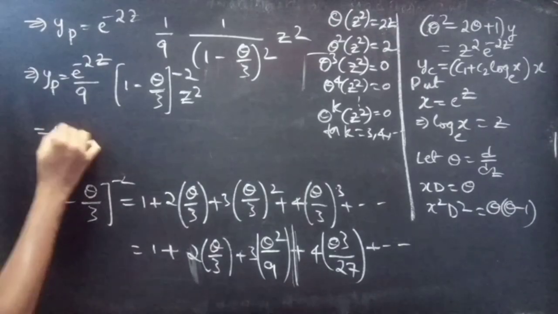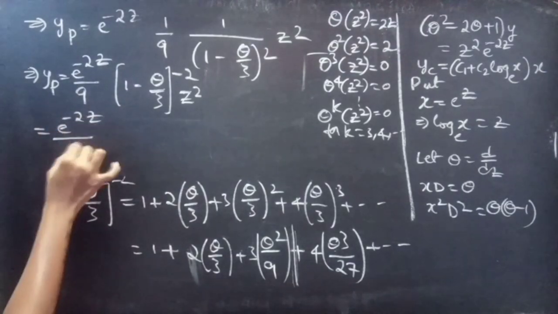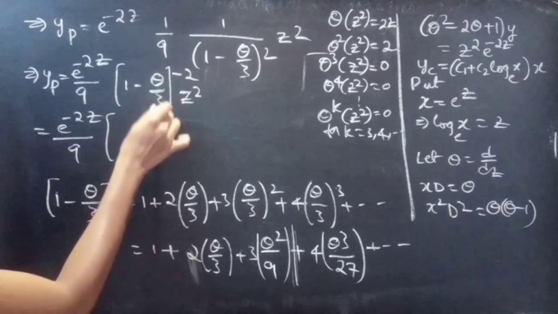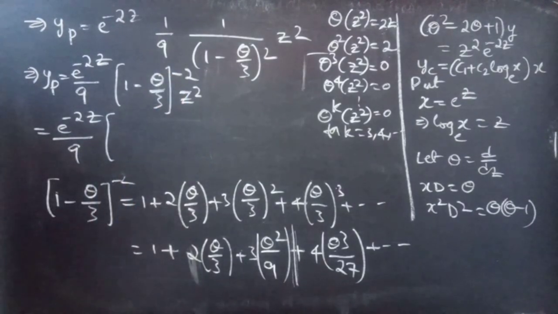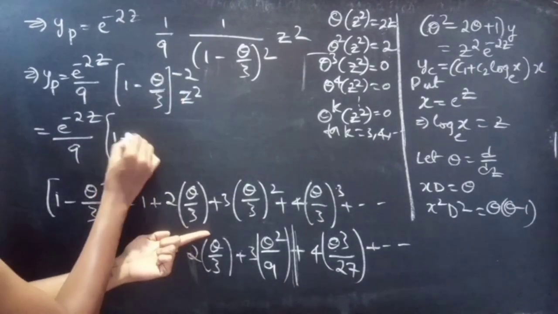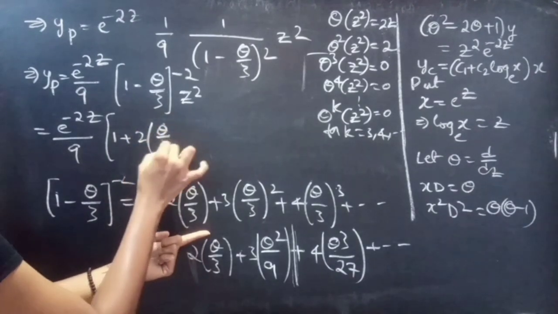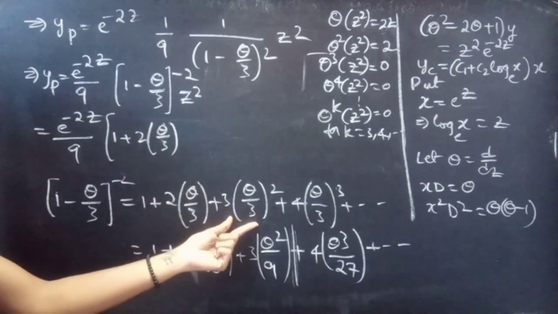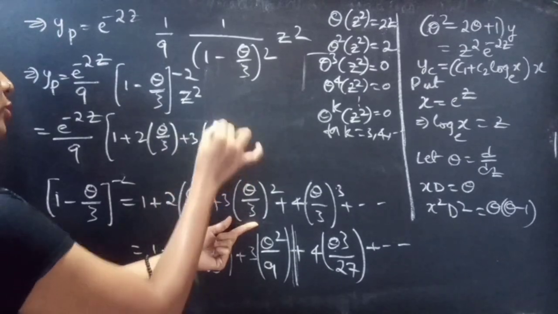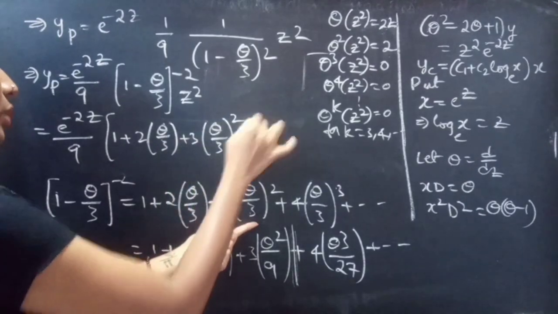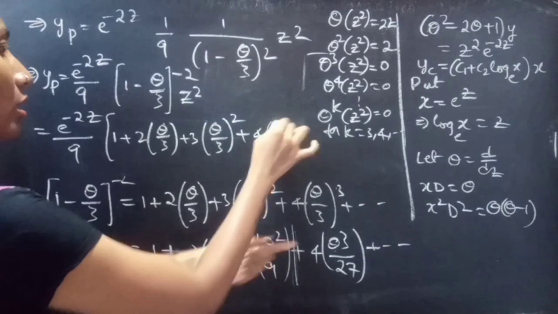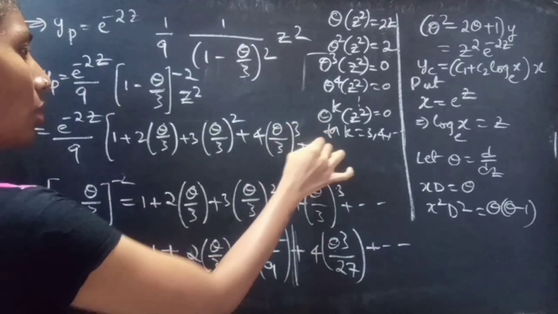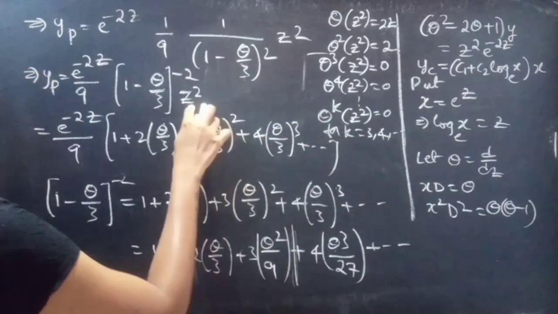yp equals e power minus 2z by 9 into the expansion of 1 by theta by 3 whole power minus 2, which is 1 plus 2 into theta by 3 plus 3 into theta by 3 whole square plus 4 into theta by 3 whole cube plus so on, into z square.